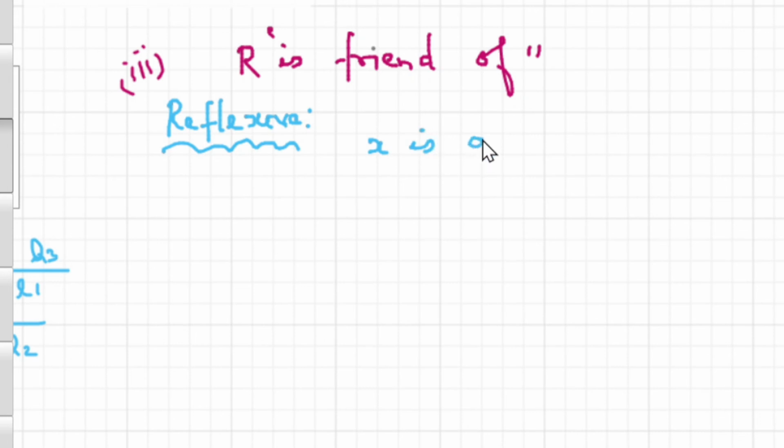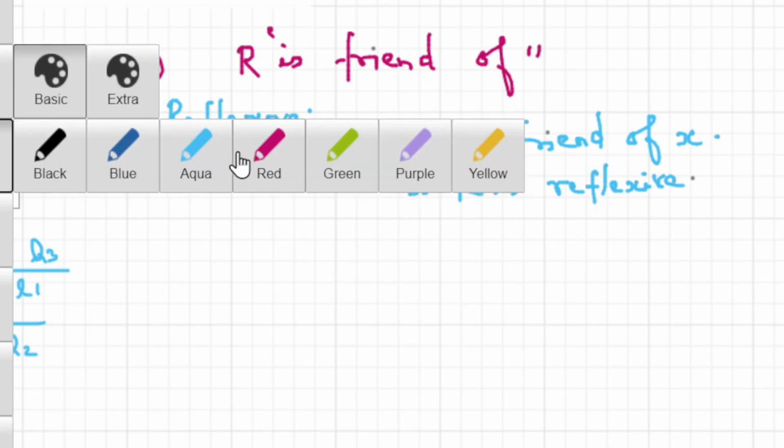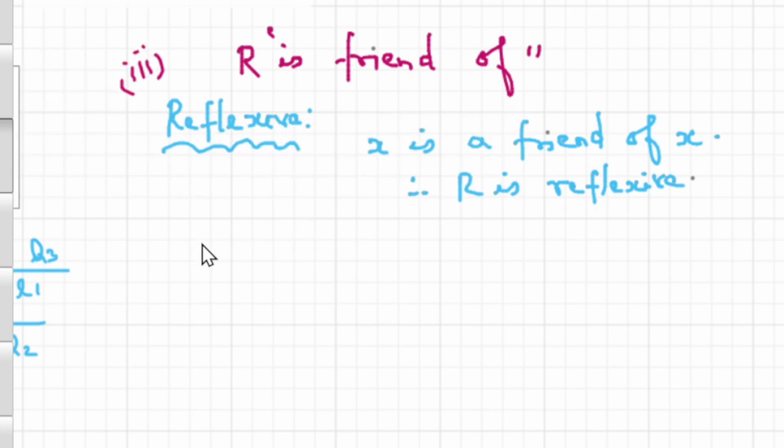X is a friend of X. So therefore R is reflexive. Everyone is a friend of himself, so we know that it is reflexive.